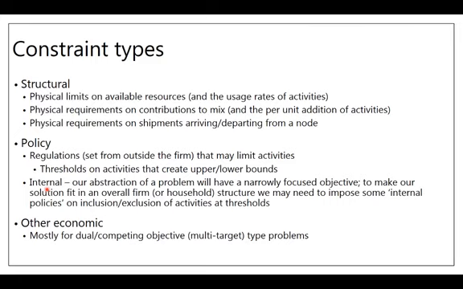That has to fit into a bigger firm plan that has to deal with demand for the products and think about how we're going to market these things and all sorts of other related things. And so when we abstract or hollow out this small piece of the problem we have, it's possible that the physical or structural constraints that we measure may not be the only thing we have to think about. We may have to think about some internal policies that have to be maintained.